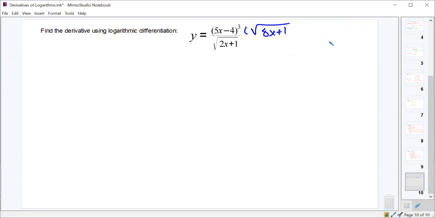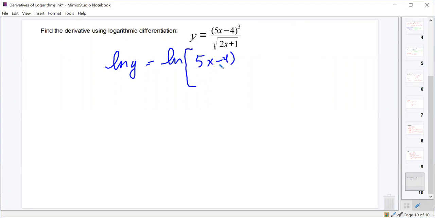But imagine that we had something like that. This method that we're going to use for the simpler one would be really nice. So we're going to take the natural log of both sides. Everybody agree that that should be the same thing?